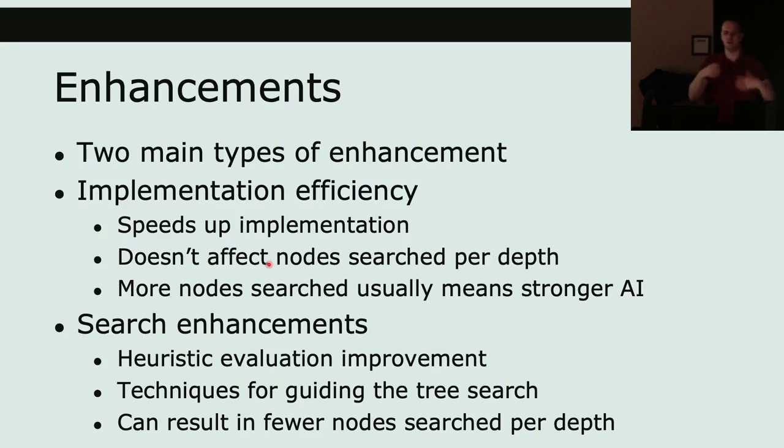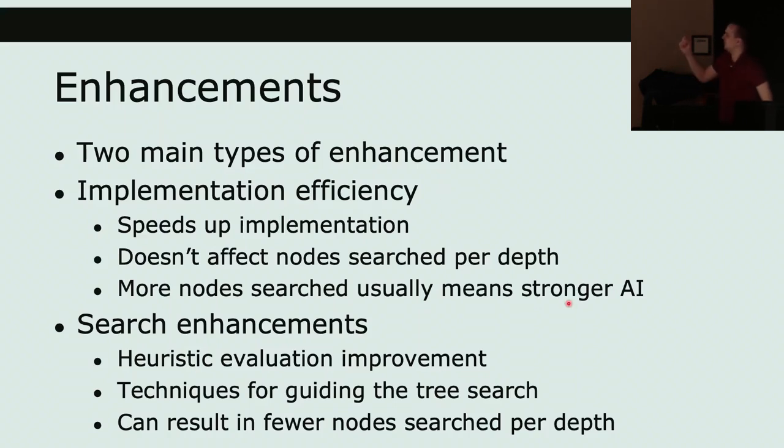So for example, when we had Minimax and we added the enhancement of alpha beta, if we search to depth 10 with Minimax, versus depth 10 with alpha beta, we're cutting the vast majority of those nodes by applying alpha beta. But these implementation efficiency enhancements do not cut the number of nodes to a given depth. They don't theoretically change the outcome. They just speed things up.